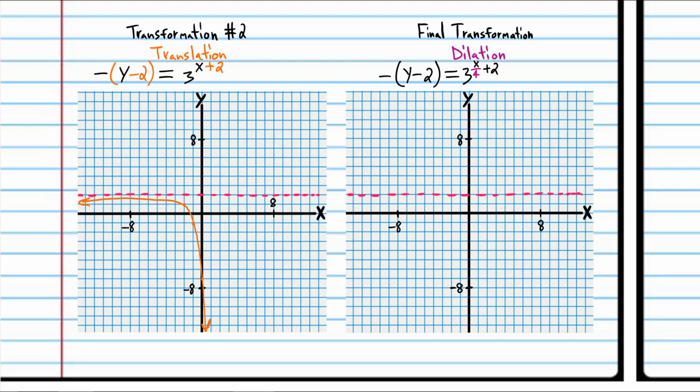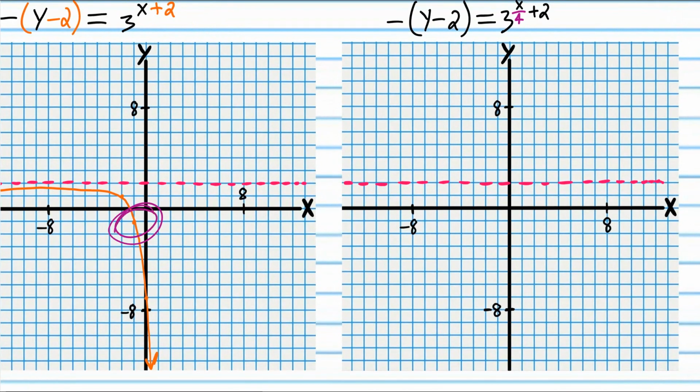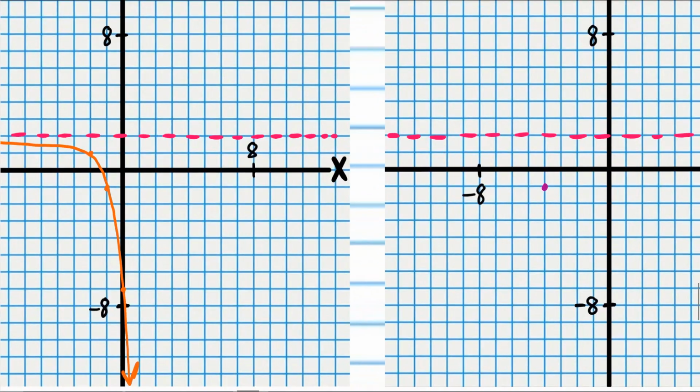We're going to multiply all the x values by 4, so the x value of this point down here is -1, so now it's going to be -4. So this point went there. And this point up here, that's -2, 1, is going to become -8, 1.